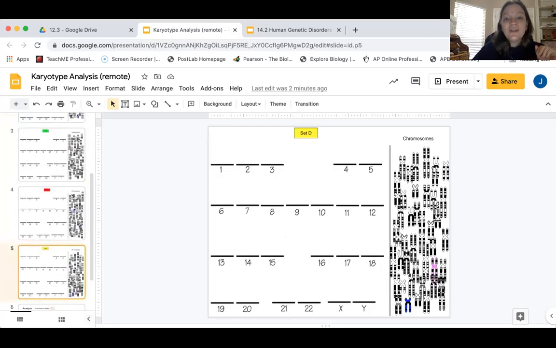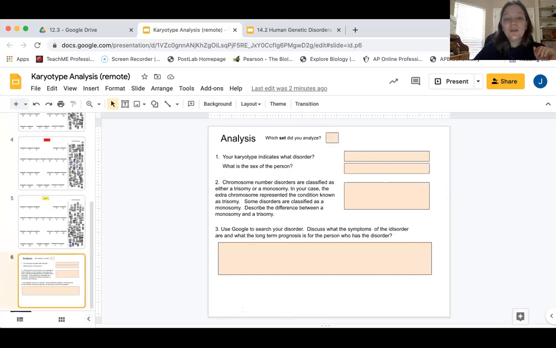Okay, when you get done with your karyotype, what you would do is answer these questions. Okay, they're not really all that difficult. For the last one, you're going to Google what the disorder is, and then kind of talk about the symptoms.